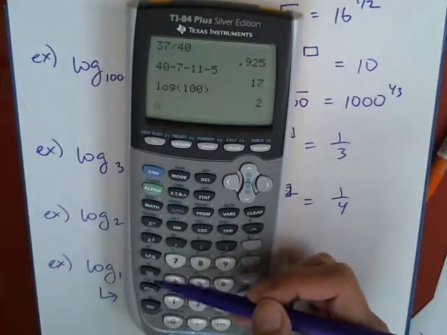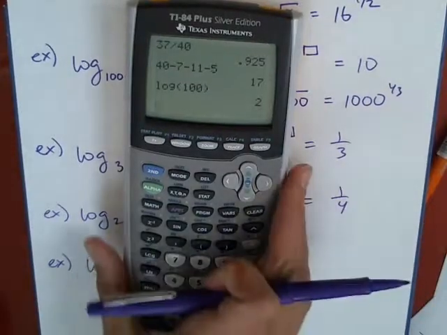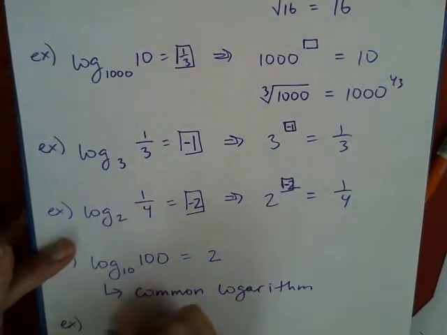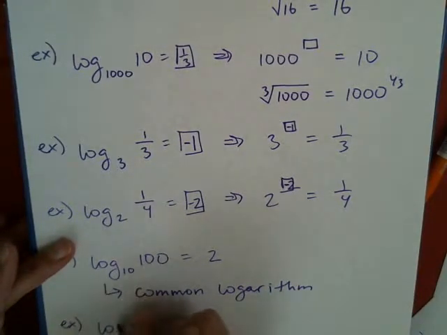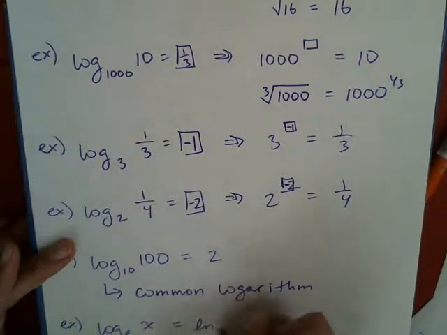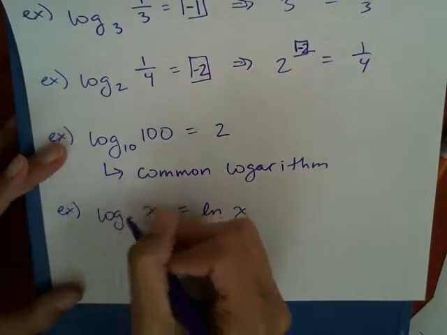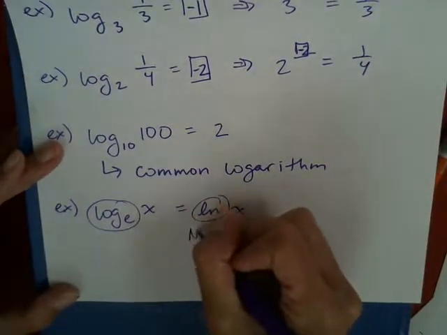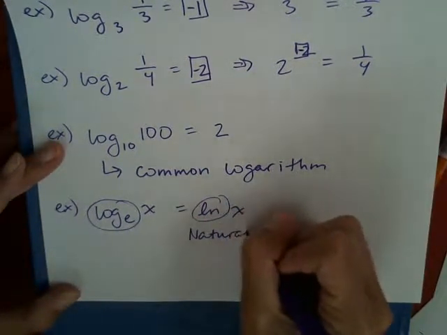So an ln is another special type of logarithm. I'll write that one down. So example, let's see, log base e of x, I'm just going to write this down in general, is the natural logarithm. So log base e can be replaced with ln, which is the natural logarithm.